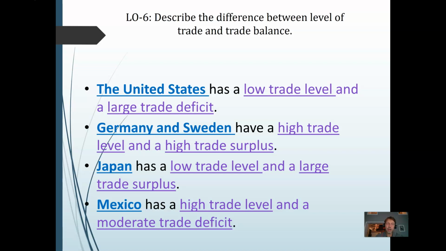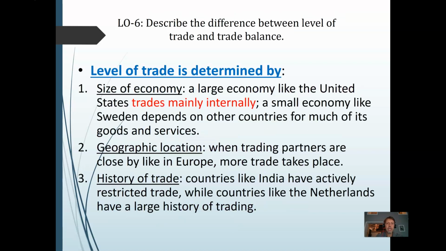I'm sorry, low trade level in Japan because it's harder to get products from other places, and they can produce a lot themselves. And then you have Mexico that has a high trade level, moderate trade deficit.